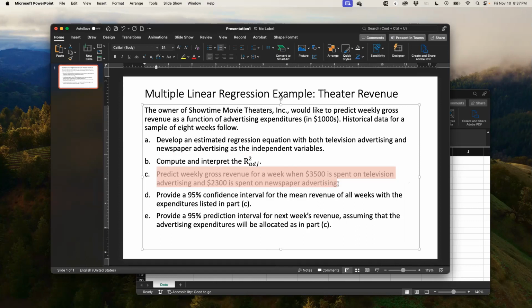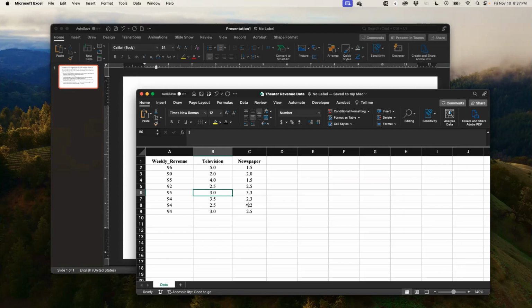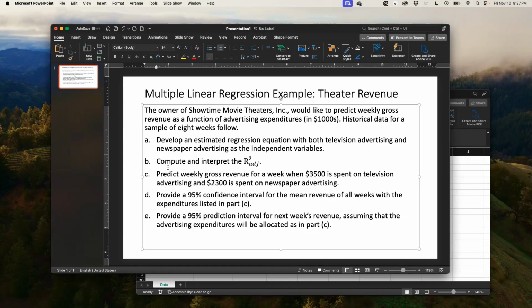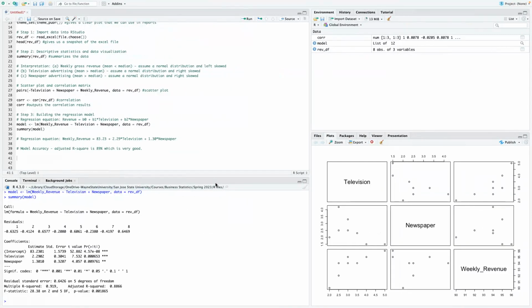So here it says the weekly gross revenue for a week is $3,500 spent on television advertising and $2,300 spent on newspaper advertising, right? But remember guys, you could see that your data is not like, you don't have this as 5,000, right? This is just 5.0. So we need to make sure we convert this number into decimal places, right? Before putting it into our regression model.